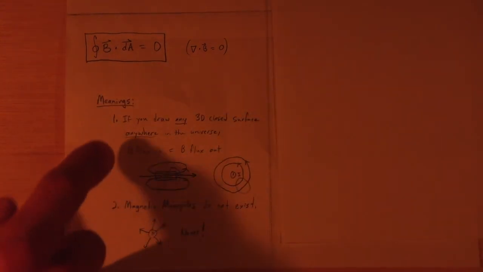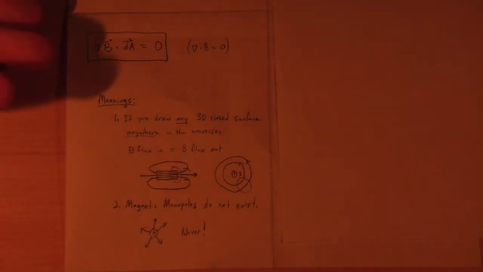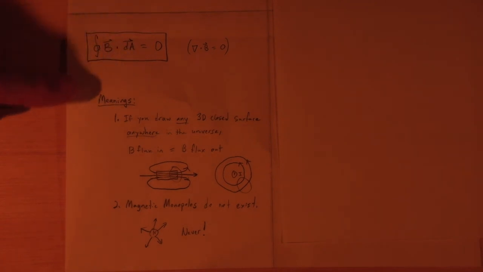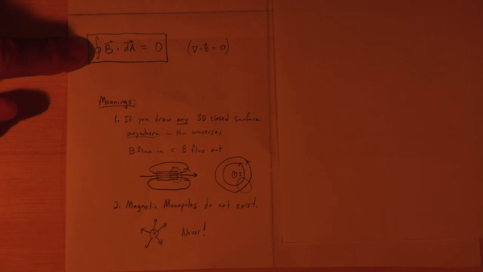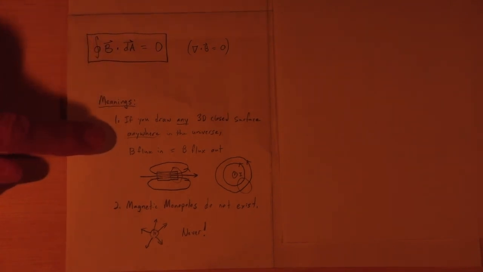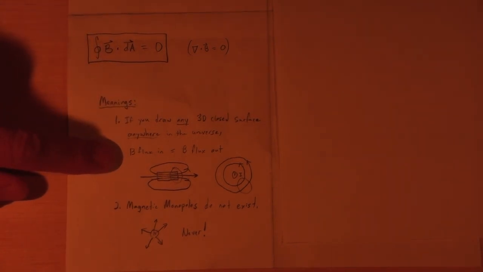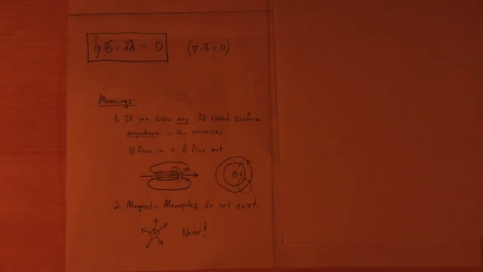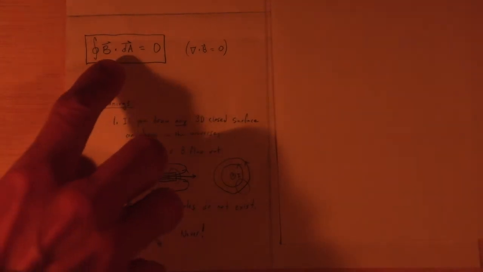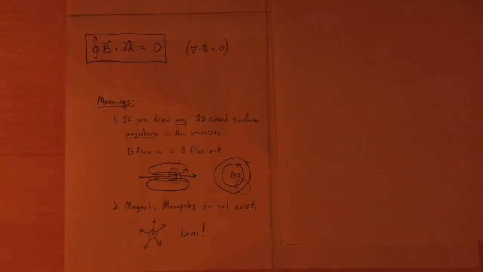So here's the meaning. Again, you read what you see here. If you draw any 3D closed surface anywhere in the universe, the magnetic flux in has to equal the magnetic flux out because the net flux is 0.